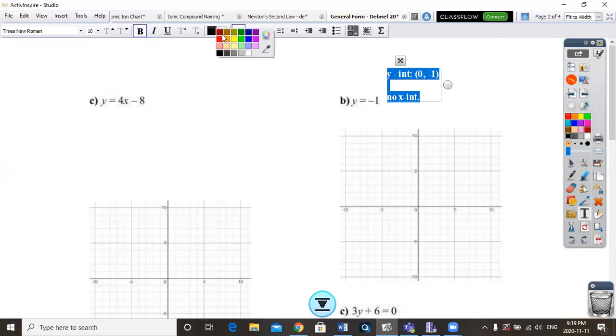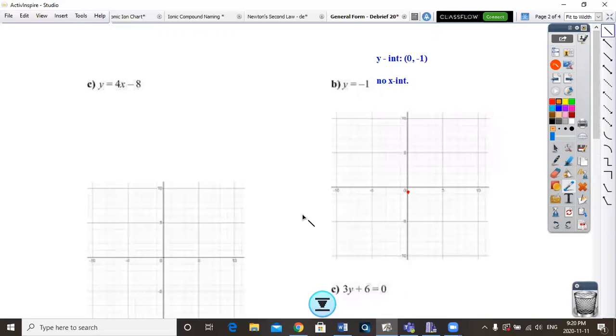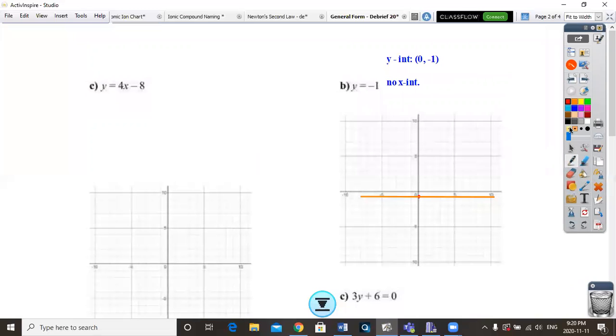Okay, so we go ahead and take our pencil and plot a point at 0, -1. And then with the ruler, draw a horizontal line. And add the arrowheads. And we're done.